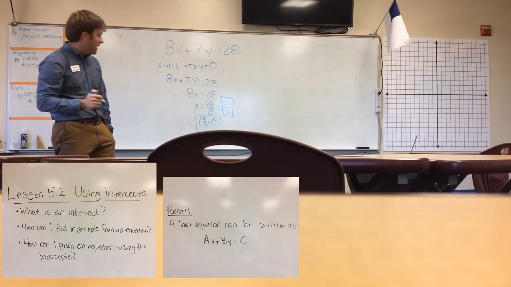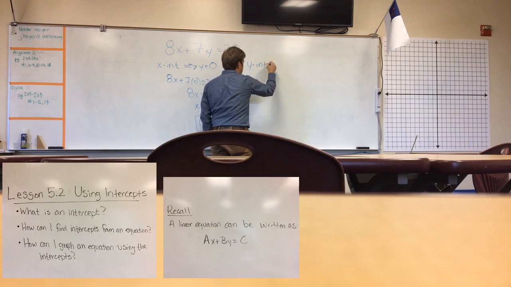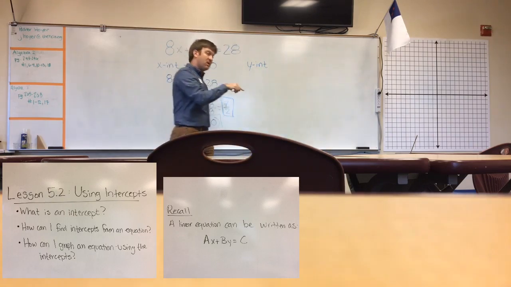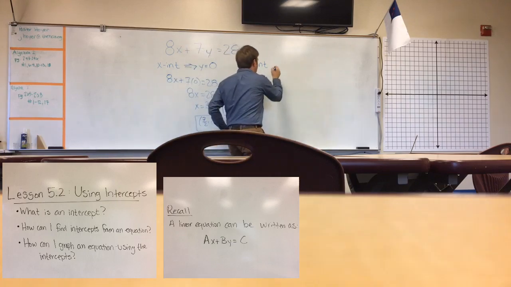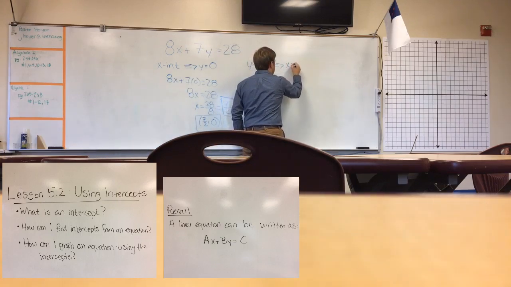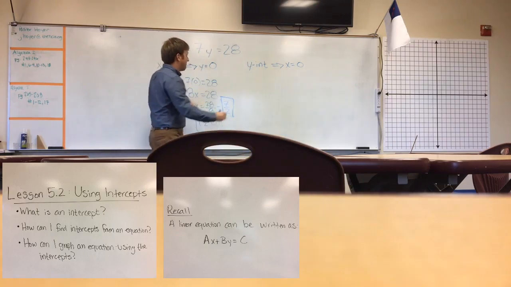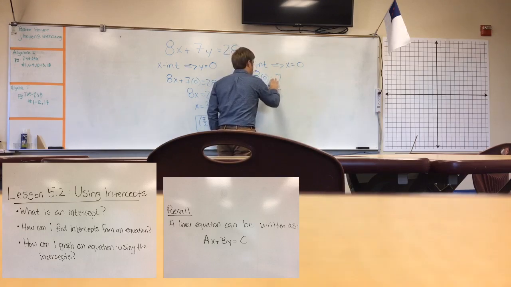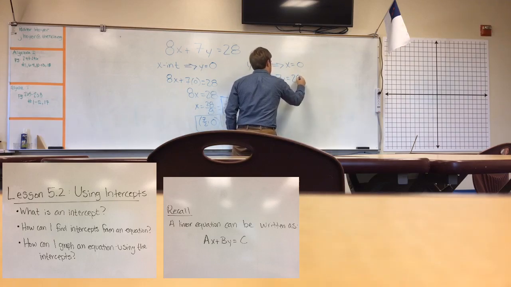Okay? Now, to find the y-intercept, we need to find the point where x equals 0. Because again, if we're crossing the y-axis, we go left or right, none. X will be 0. Okay, so the y-intercept is when x equals 0. So we take the equation, we plug in 0 for x, we have 8 times 0 plus 7y equals 28.